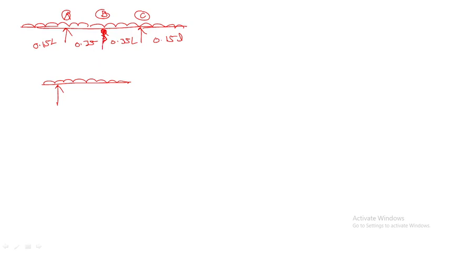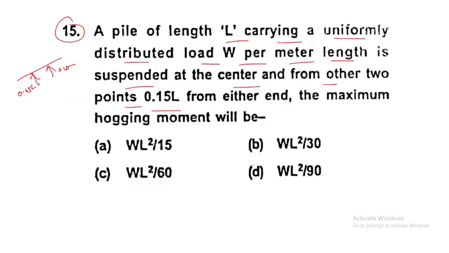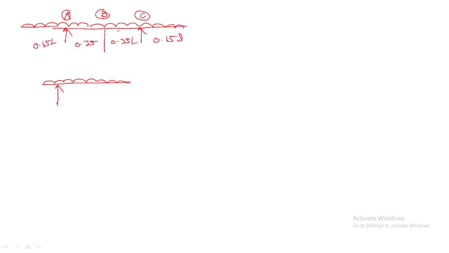One minute, there is some confusion in the question also. Let me check the question. A uniformly distributed load per meter length is suspended at the center and from other 2 points 0.15 L from either end, the maximum hogging moment. Okay, this is 0.35.